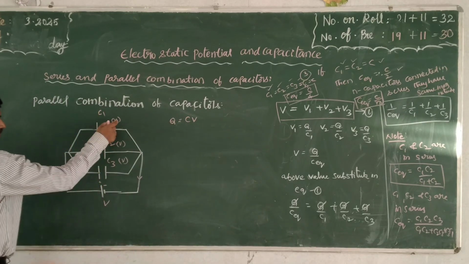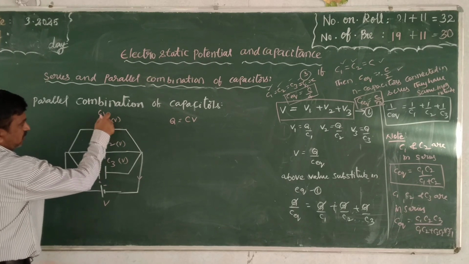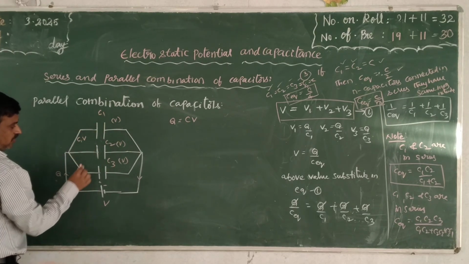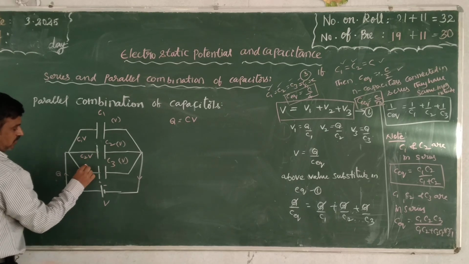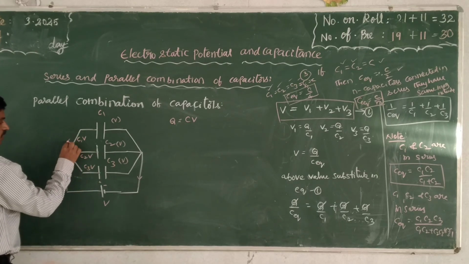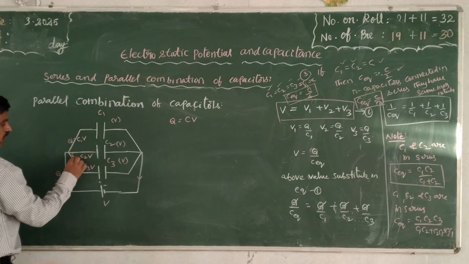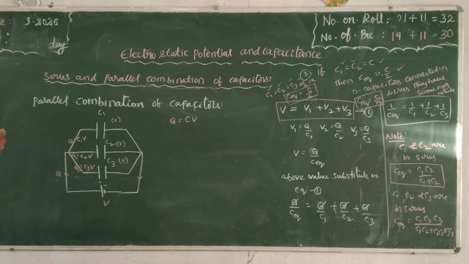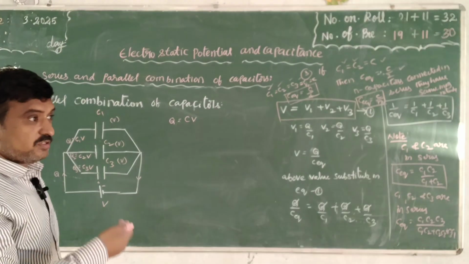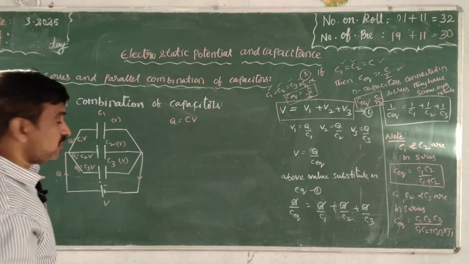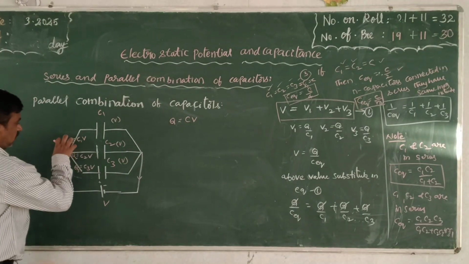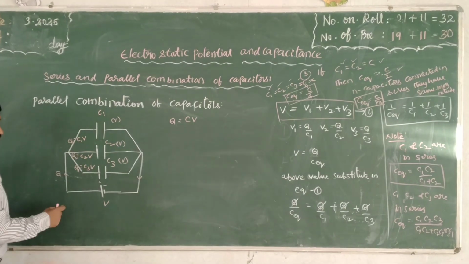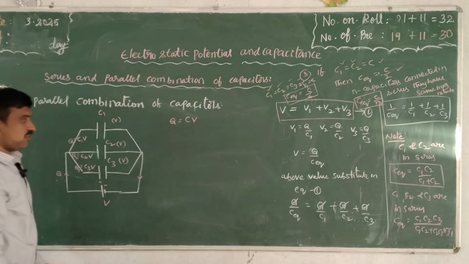Potential is V, capacitance is C1, so C1V, here C2V, here C3V. This means Q1, Q2, Q3. In series combination, potential is divided. In parallel combination, charge is divided. So Q1 equal to C1V, Q2 equal to C2V, Q3 equal to C3V.